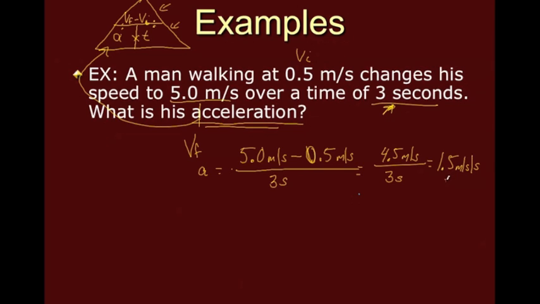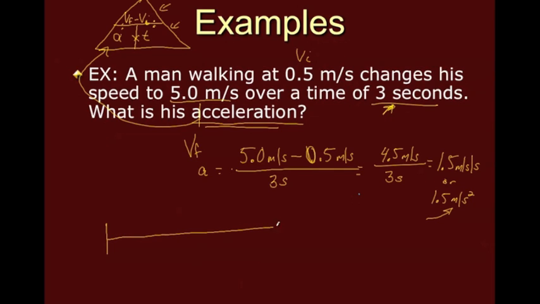Or we can say it another way, 1.5 meters per second squared. Now, what does this mean? In order to get a better understanding of what acceleration is, you have to think about what that unit actually means.